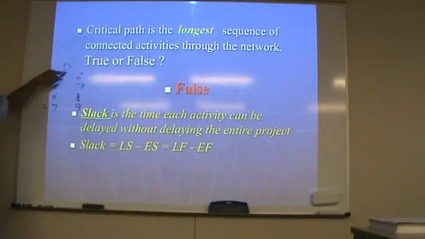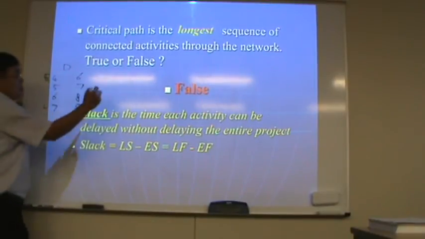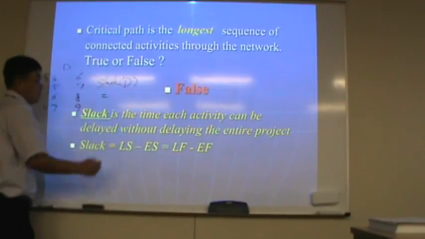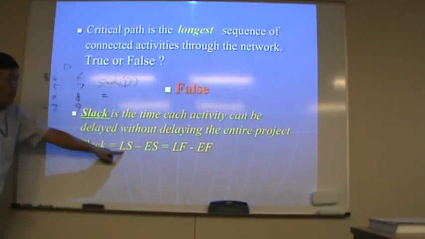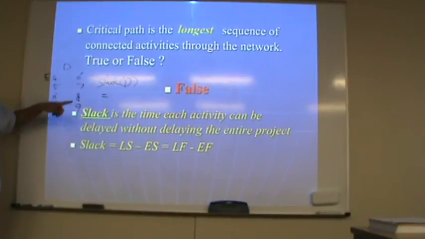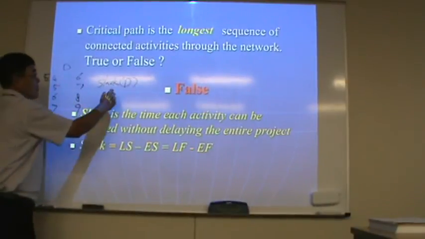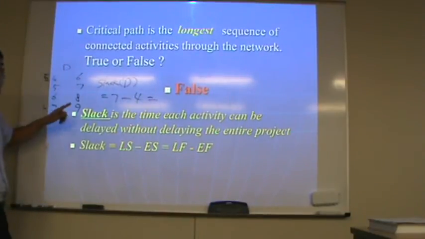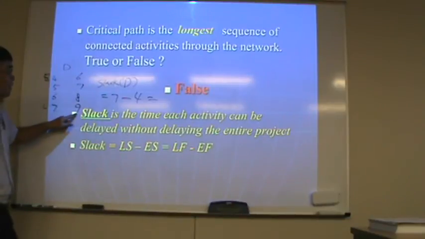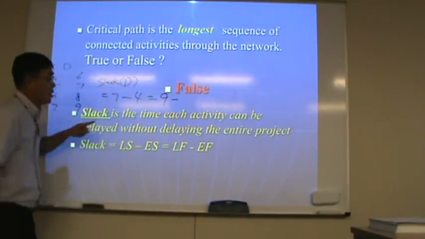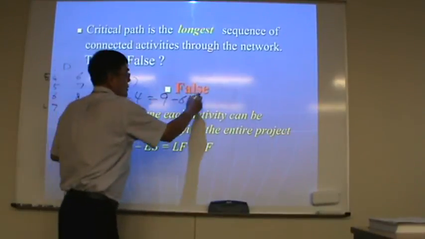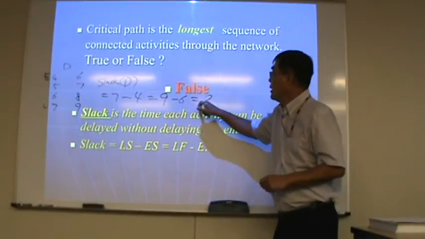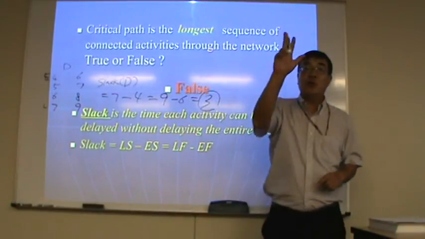So for activity D, slack equals late start time 7 minus early start time 4, or late finish time 9 minus early finish time 6, that is 3, right? So activity D has 3 weeks of slack.